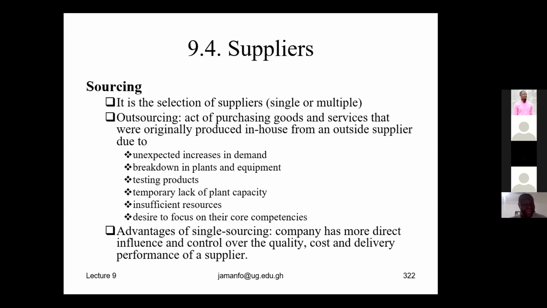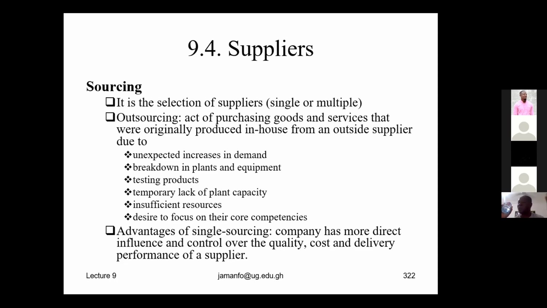But don't forget that multiple sourcing also goes with cost. For the supply of the bottled water, if we have only one supplier, how many orders do we have to place in a month? Only one. But if we are doing multiple sourcing and we have 3 suppliers, we have to place 3 different orders.